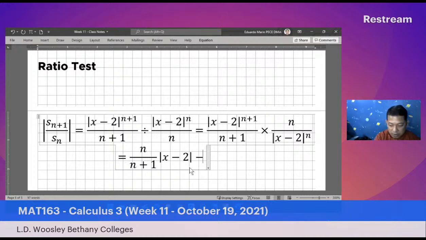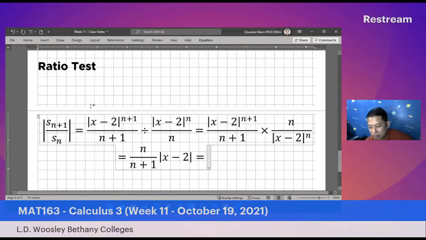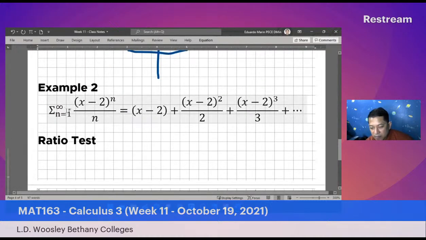Alright, we're not done yet. We're using the ratio test to find the interval of convergence, so we will get the limit as n approaches infinity, positive infinity.